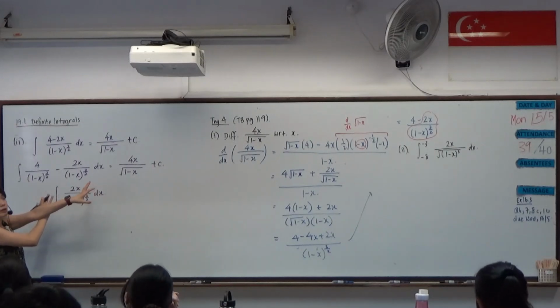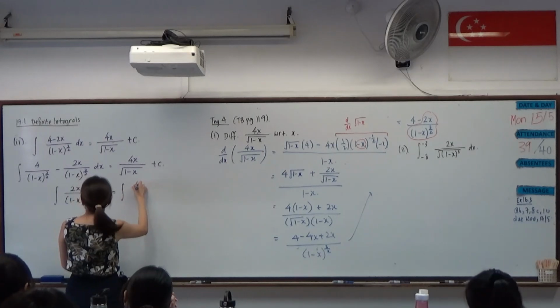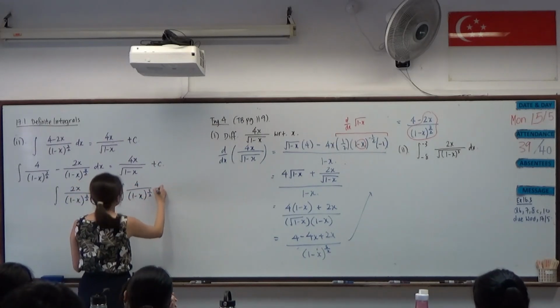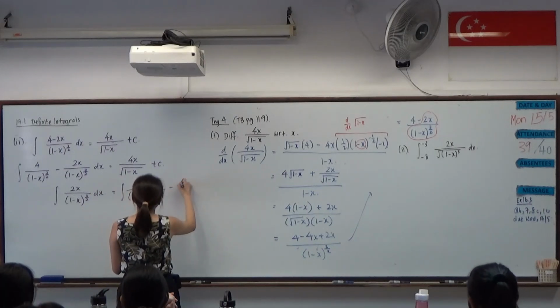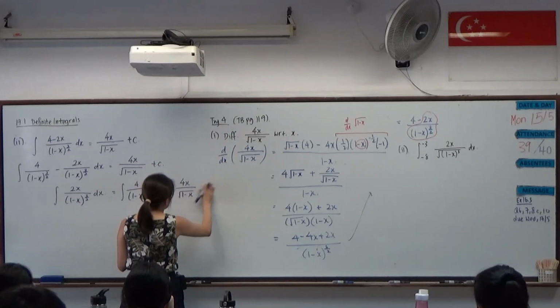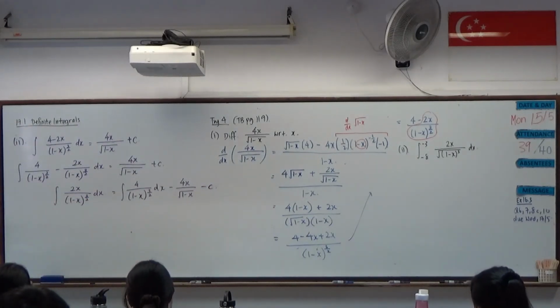You all see that? So I'm going to write it as integrating 4 over (1 minus x) to the power 3 over 2 dx, minus 4x over square root of (1 minus x), then minus c. So this is now the subject already.